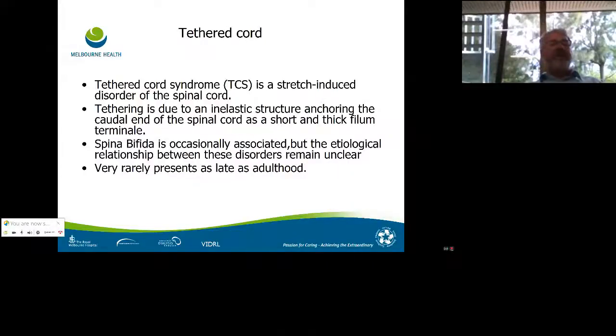It's a stretch-induced disorder of the spinal cord where the base of the cord is stuck down and there is pressure transmitted along the cord, especially in the adolescent years when there is growth of the vertebral column. And so it tends to present mostly in the adolescent years, but it can also occur at times in adulthood.